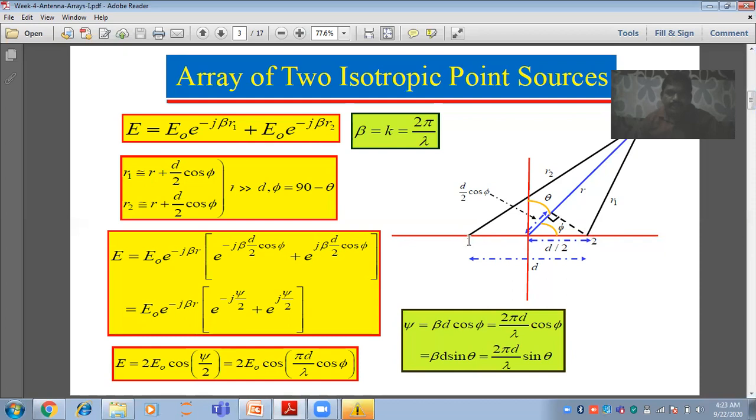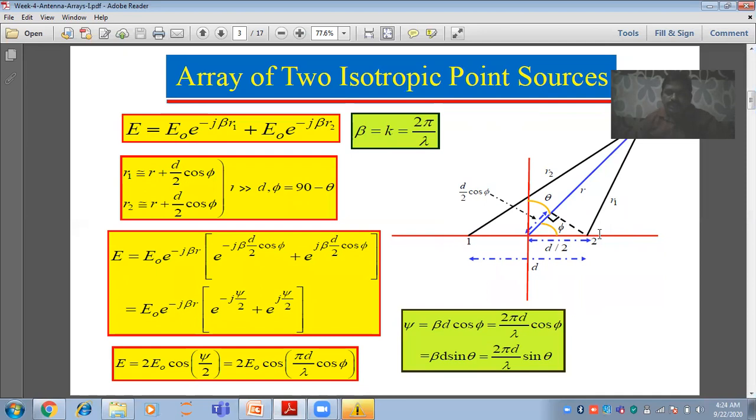This antenna 1 is represented by a thick dot, and this antenna 2 will be represented by another thick dot. Both are representing two antennas. So the observation point is somewhere else, far away from this antenna array. Therefore, these two antennas are forming an array. So this is the line. This red colored line is the line joining these two antennas.